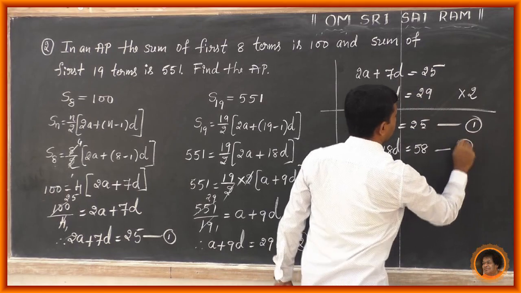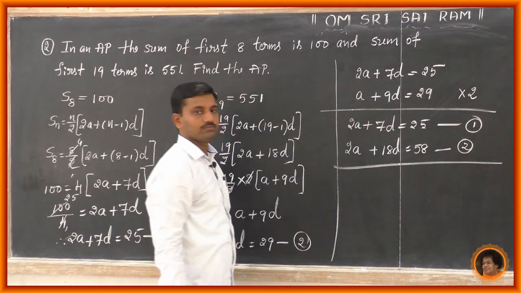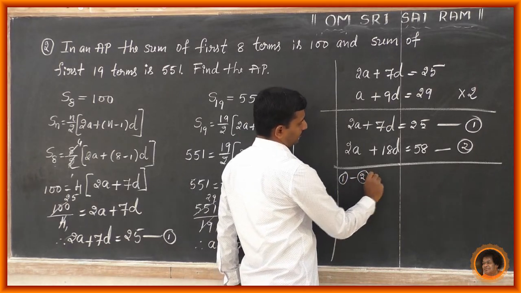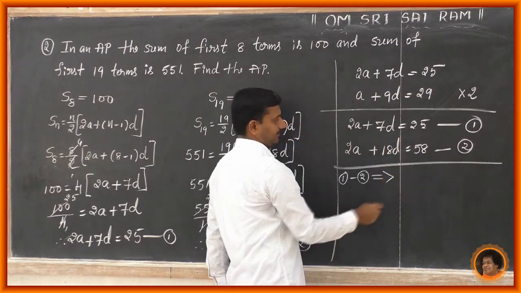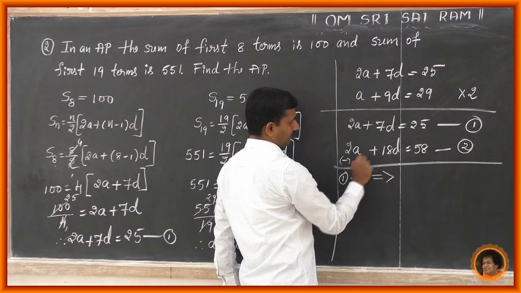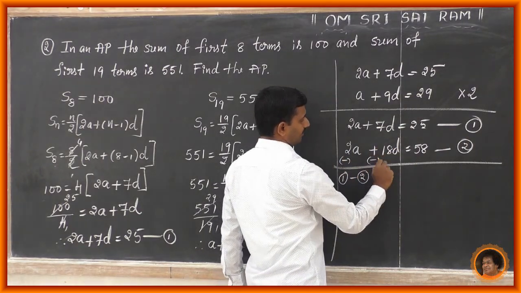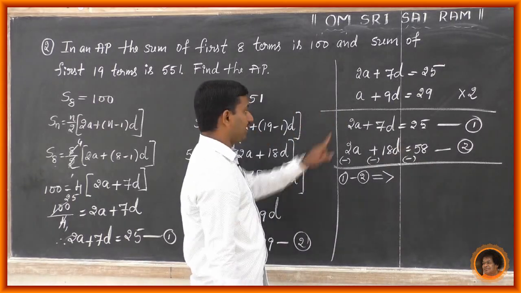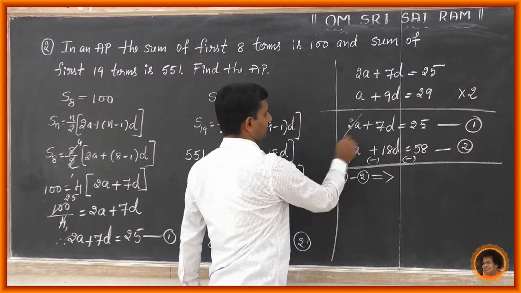Equation number 2. Now equation 1 minus equation 2, now subtract. So plus 2a becomes minus 2a, plus 18d becomes minus 18d, plus 58 becomes minus 58.